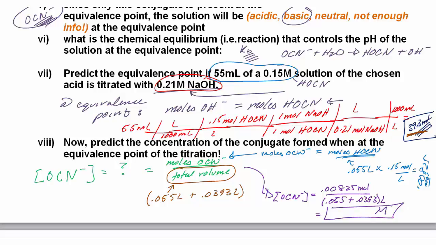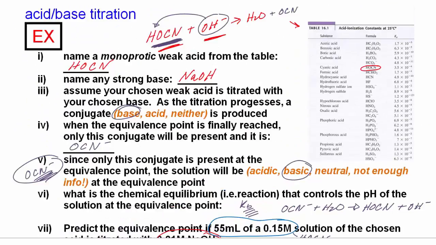Big M. What do I get here? 0.00825 divided by parentheses 0.055 plus 0.0393 close parentheses equals about 0.087. 0.087 molar.